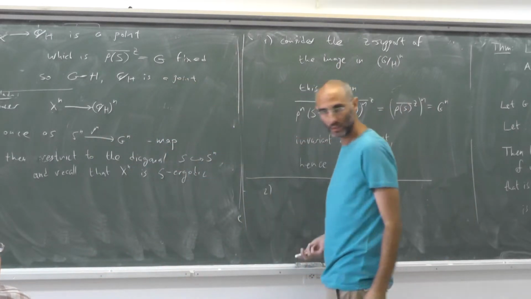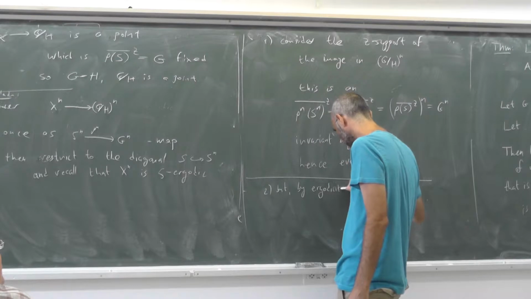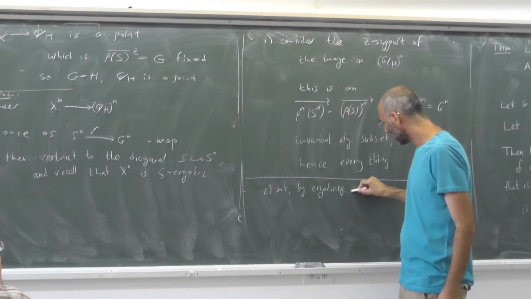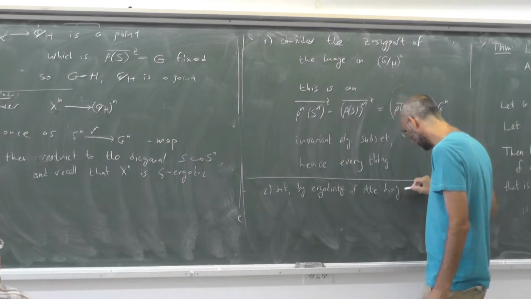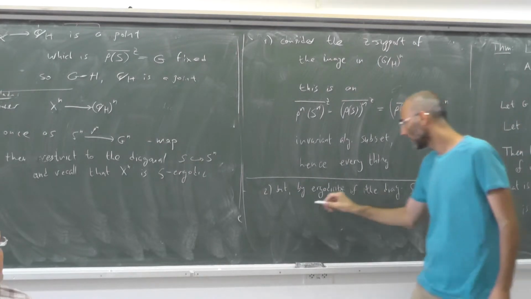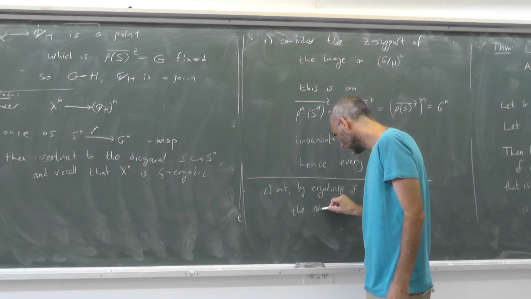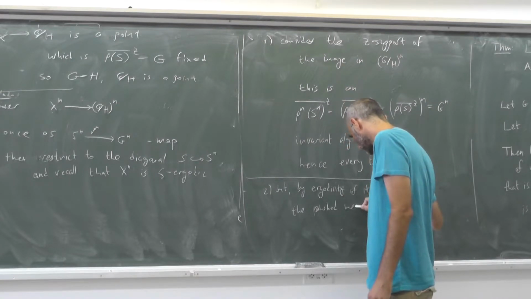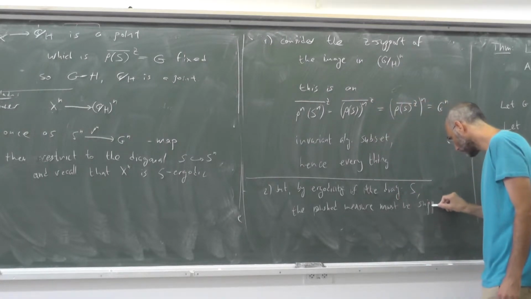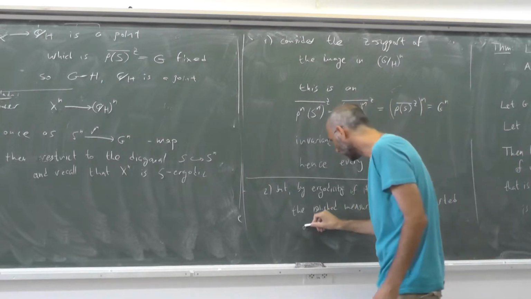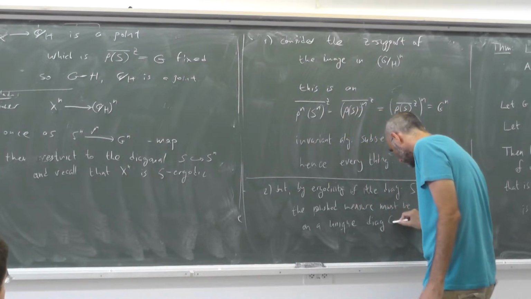Two, but the ergodicity of the diagonal S: the support, sorry, the push measure must be supported on a unique diagonal G orbit.